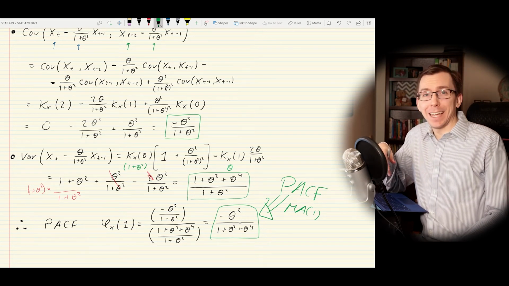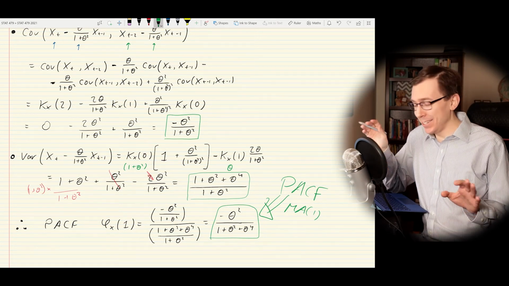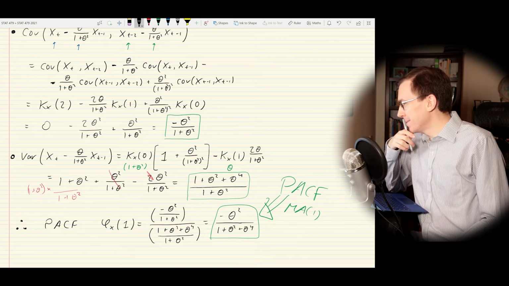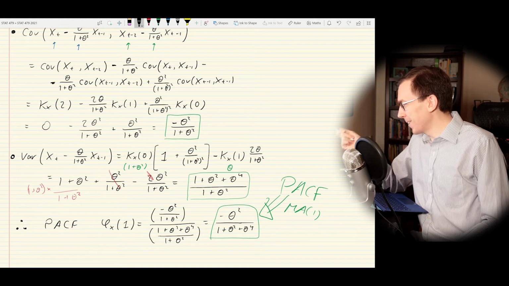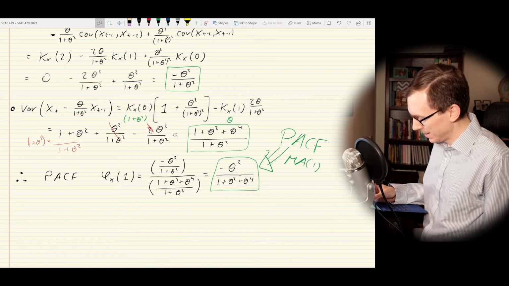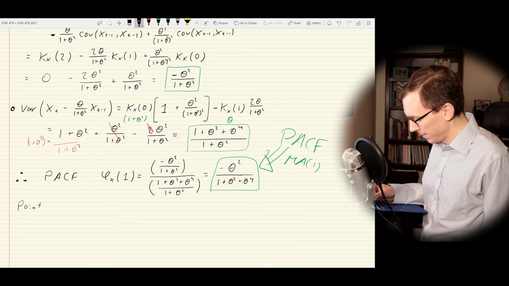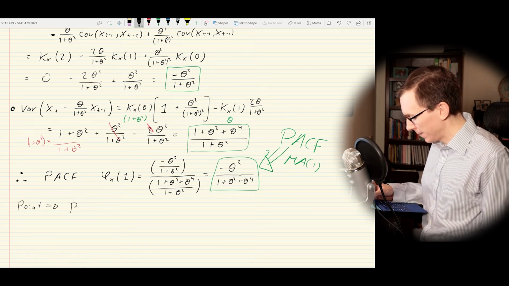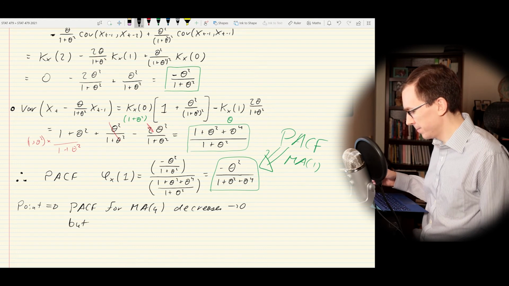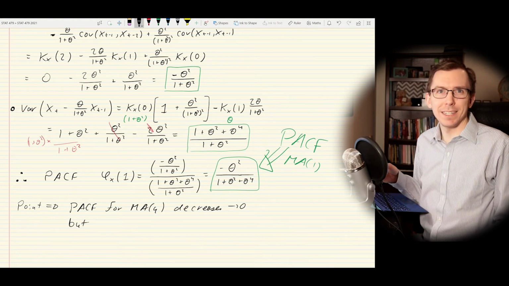Yeah, I'm definitely not doing MA2 or 3 or MAq for that matter. But yeah, basically, what are we getting here? The point is that the PACF for MAq decreases to 0, but, well, I guess it doesn't strictly decrease to 0.